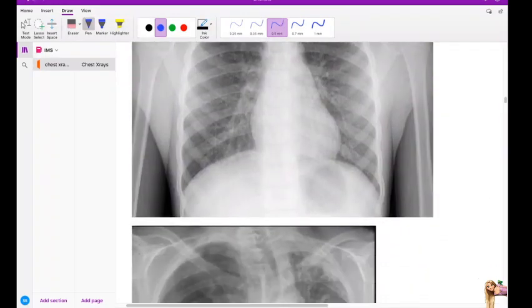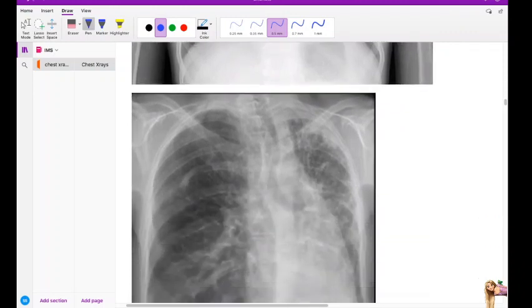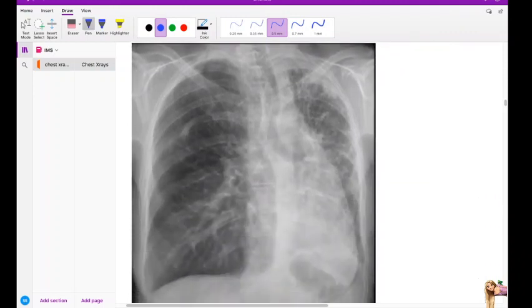Okay. What is this? So the trachea can be deviated towards the side of the lesion and away from the side of the lesion. Can you guys tell me situations in which the trachea is deviated towards the side of the lesion? Yeah, in fibrosis.